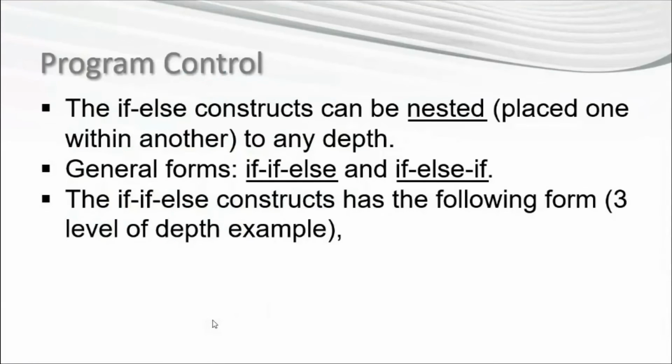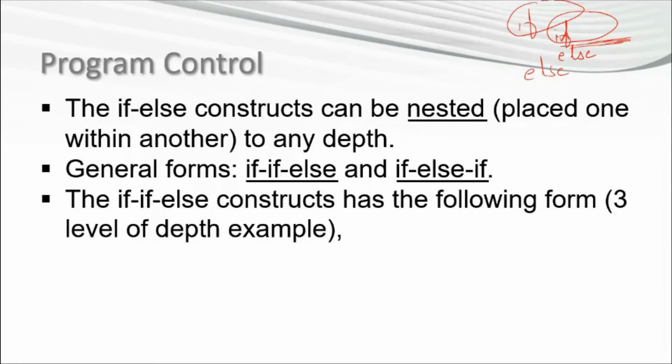Now the if else constructs can be nested, that is, placed one within another. Suppose we have an if else statement here, we can put another if else inside this one. Once this if has become true, it goes to this if, and if that is true, the lines of code here will be executed.